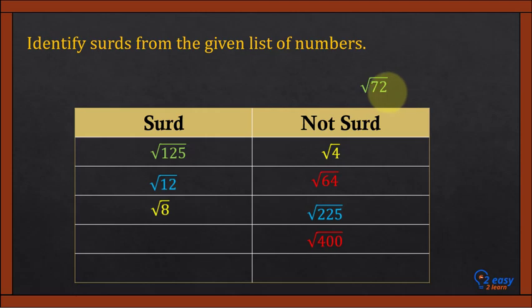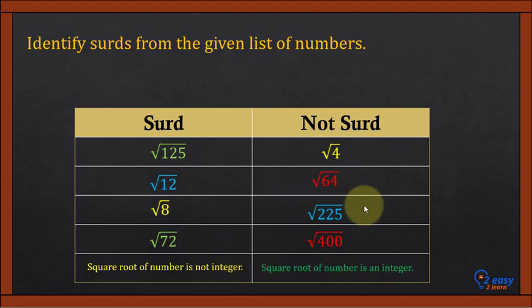Its answer is not an integer, so therefore square root of 72 is a surd. A surd is a number whose square root is not an integer, and a non-surd is a number whose square root is an integer. I hope by this practice you can differentiate between a surd and not a surd.